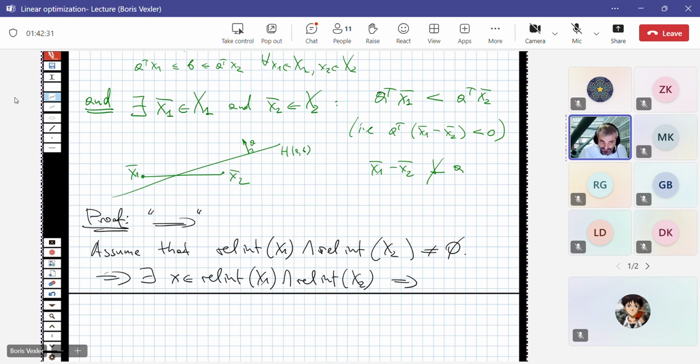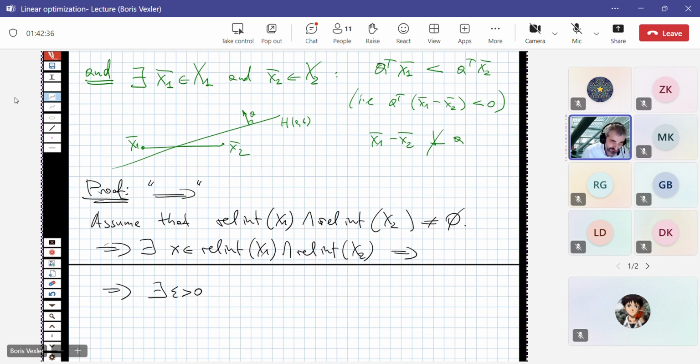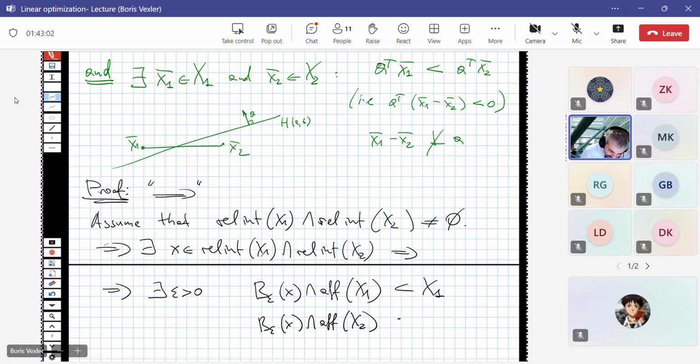it is in both, and therefore there is an epsilon larger than 0, such that if you take b epsilon of x intersected with the affine hull of x1, this is a subset of x1. This means that x is in the relative interior of x1. And since x is also in the relative interior of x2, they have that b epsilon of x intersected with the affine hull of x2 is a subset of x2.